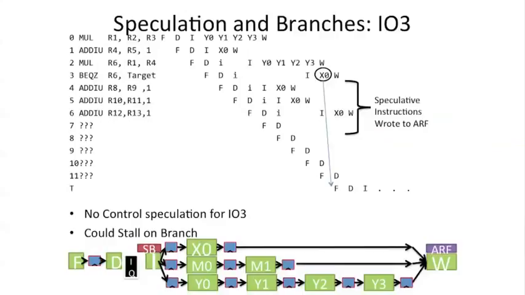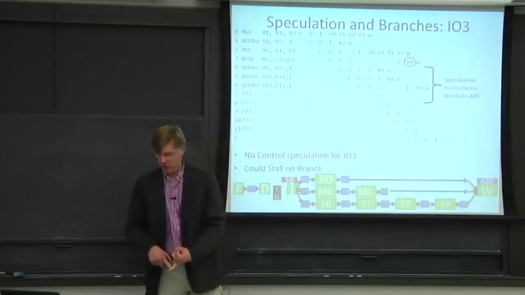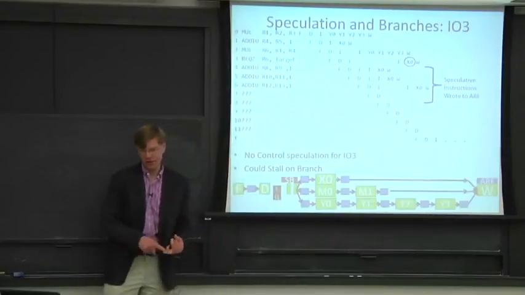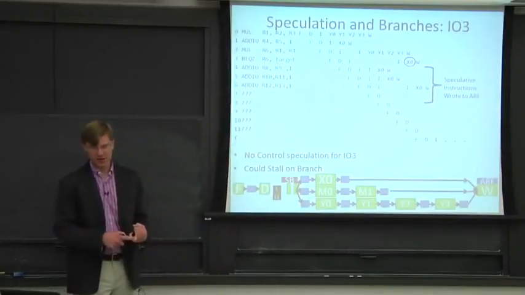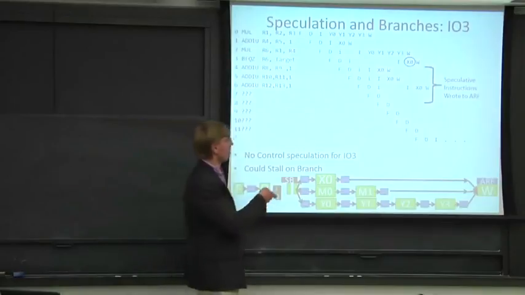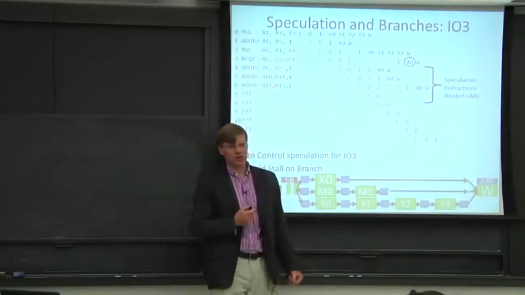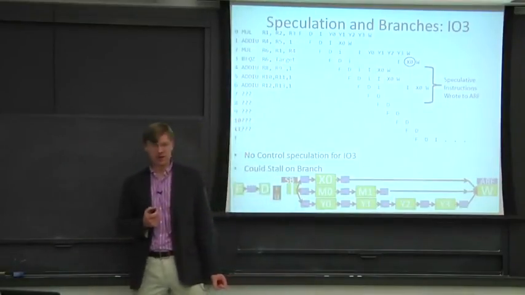OK, so now we start to get to out-of-order issue processors. So here we have in-order fetch, out-of-order issue, out-of-order write-back, and out-of-order commit processor. And if you recall, this is the processor that we looked at last time, which we said could not have precise interrupts, because you can have things basically write early. Well, for that same reason, you can have instructions that write the register file, or write the physical register file early in a pipeline like this.